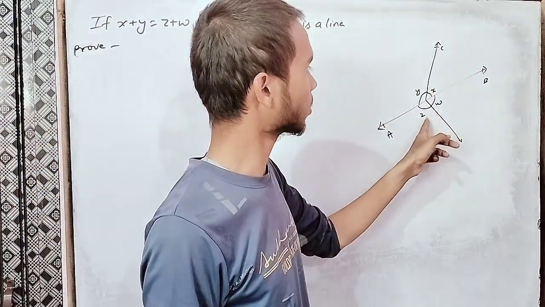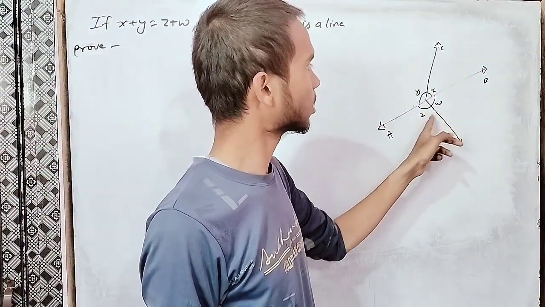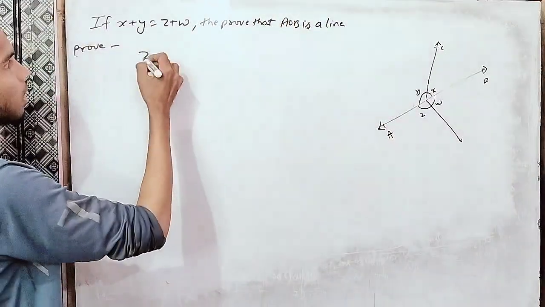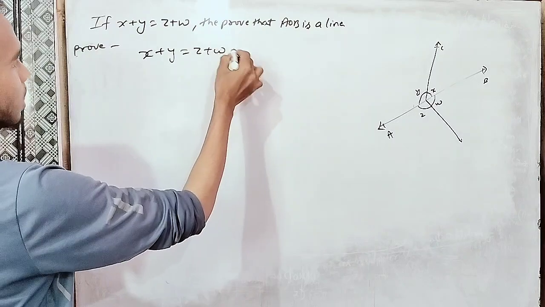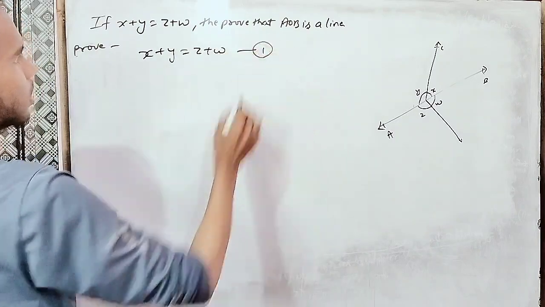the sum of this angle? Already we have been given the value of these two angles as z plus y. This is already one equation.